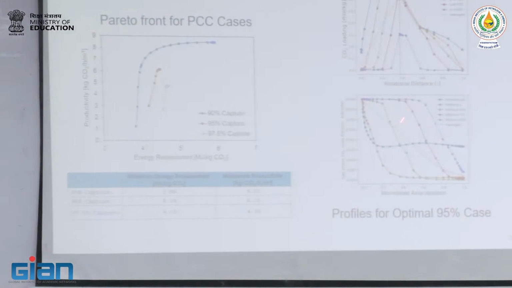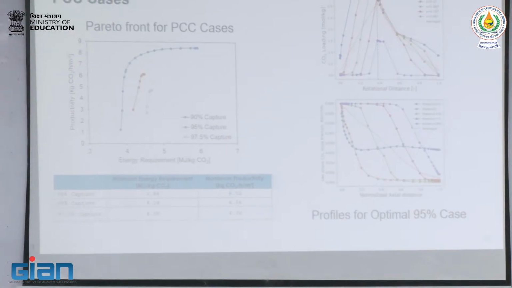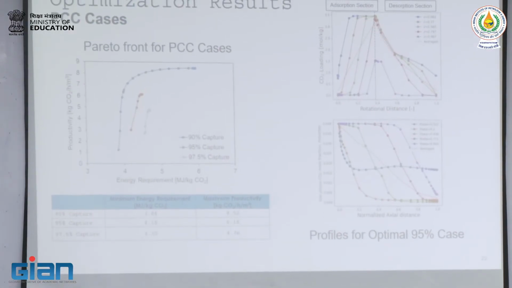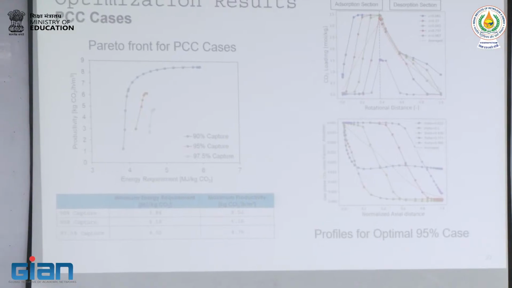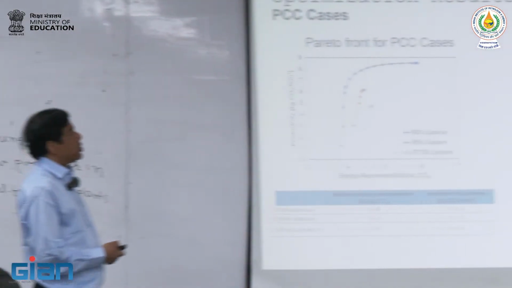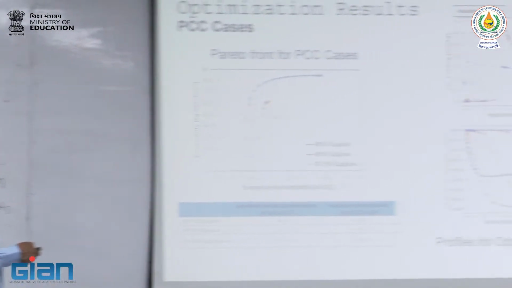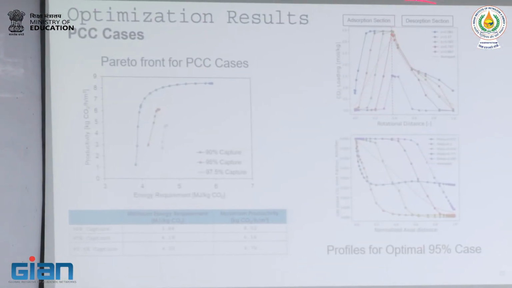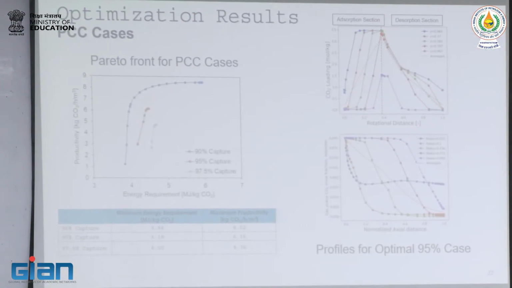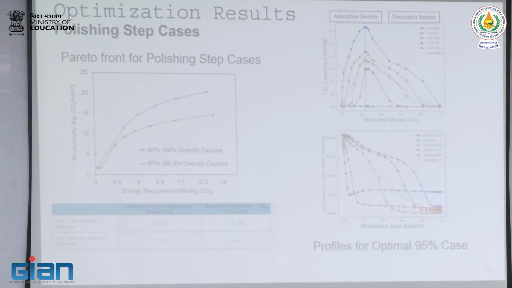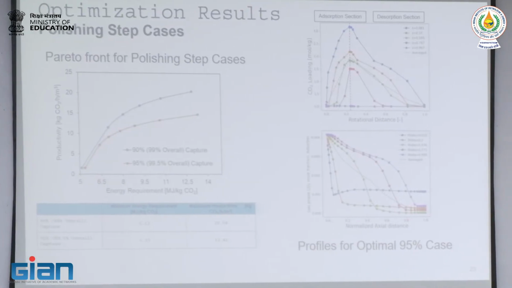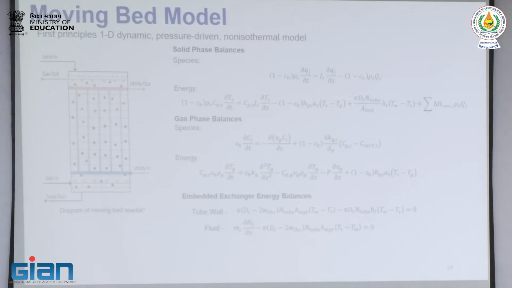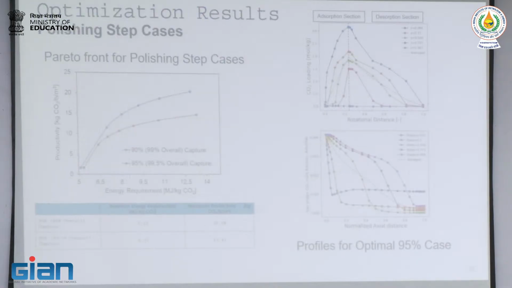Okay, yeah, this gives you all the optimization, the Pareto front, showing the energy requirement for each one of them. And you can see that this stiffness is, many solvers will struggle to do this optimization problem because of all this stiffness. You see it almost looks like going vertically up and then coming down.